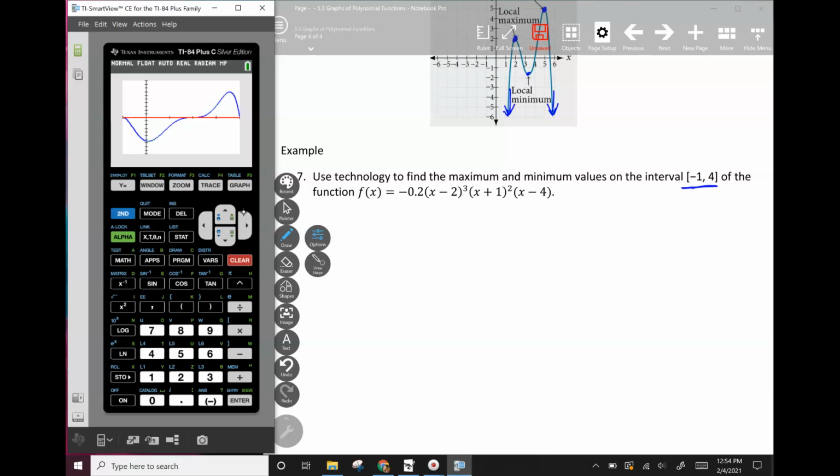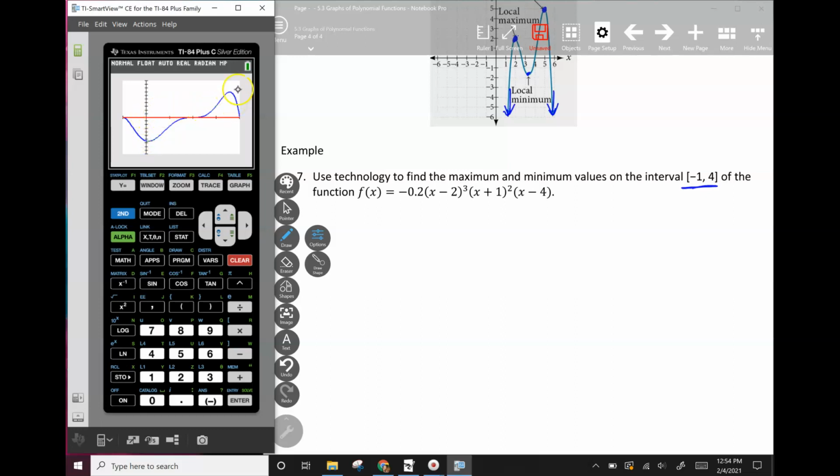All right, so looking at this graph, let's see what we can find. So right here, close to x equals 0, I see a minimum definitely there. Now, because that is the lowest point on the entire interval that we are looking at of this polynomial, that's going to be a global minimum at that point.